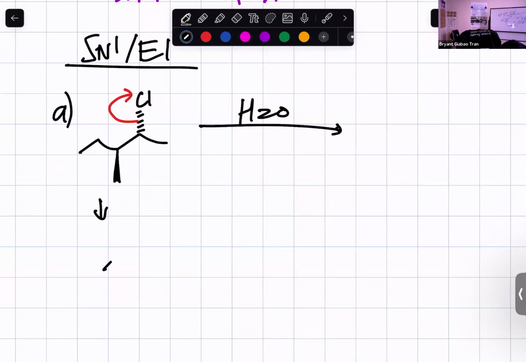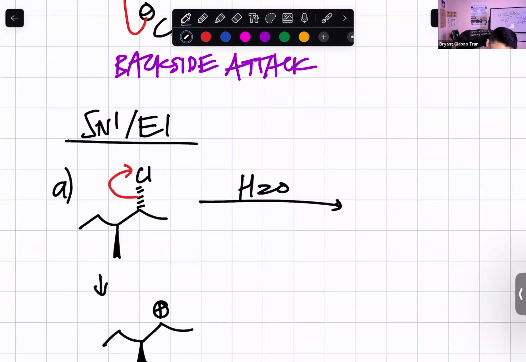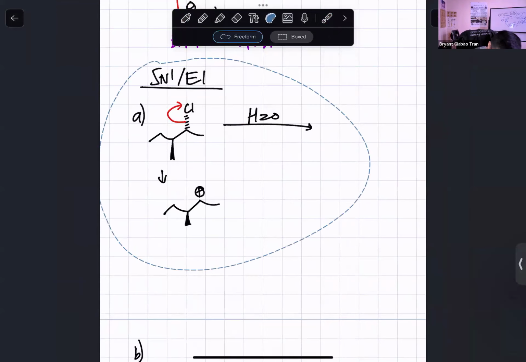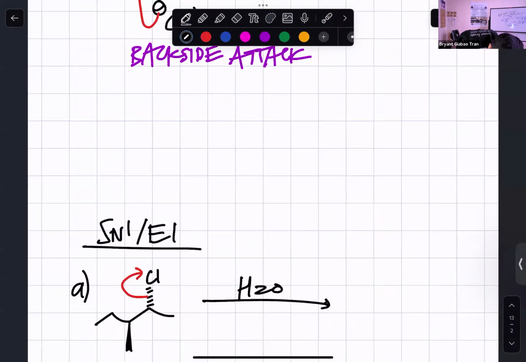Then we are going to have that carbocation intermediate, which is a secondary carbocation, right? And before we learn about the shifts, we have to learn about the carbocation stability. So the more substituted the carbocation is, the more stable it's going to be.